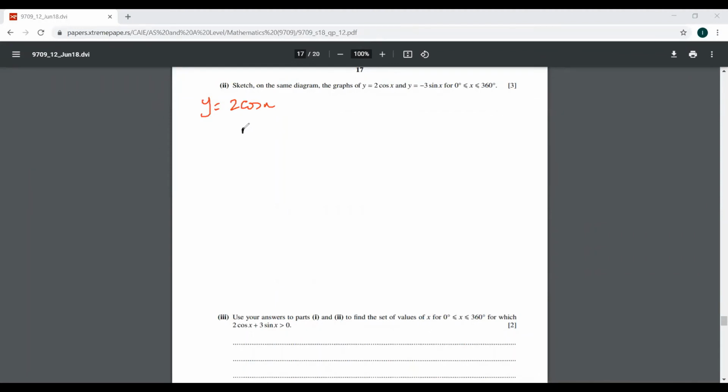For the sketches of sine and cos, we keep intervals of 90 degrees, so I'll keep 0, 90, 180. Try to keep a reasonable scale. Here it is 2 and here it is minus 2. I need to have 3 here as well for the second graph because it is minus 3 sin x.